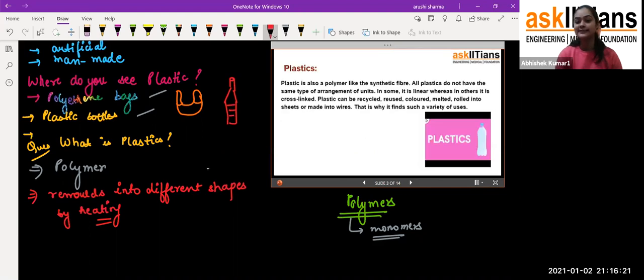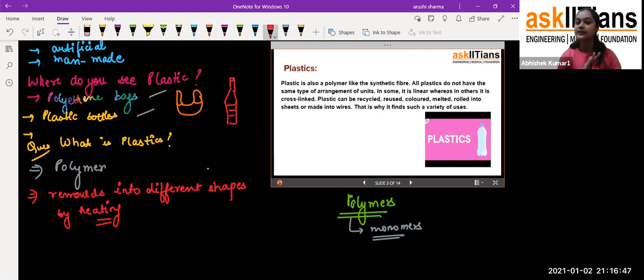Now, as you can see, plastic is also a polymer like a synthetic fiber, and plastic does not have the same type of arrangement of units. See, now you will say, okay, coming to this point again. Now, the heading which they have written says that they do not have the same arrangement of units every time. Why? Because, students, there are different arrangements of the monomers. It depends on how. I'll tell you.